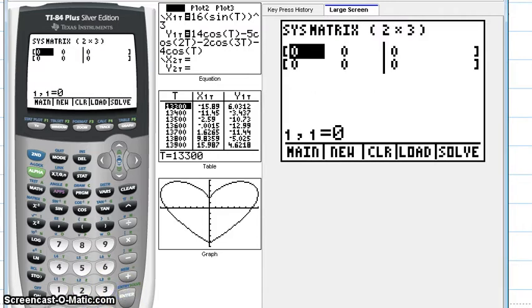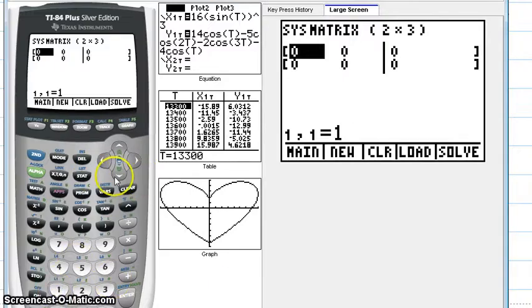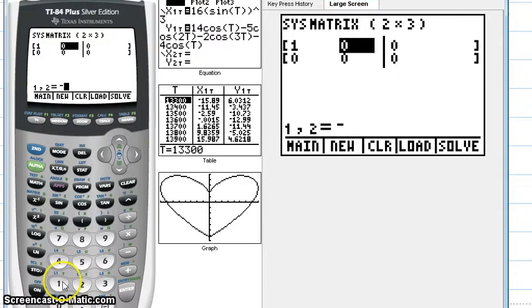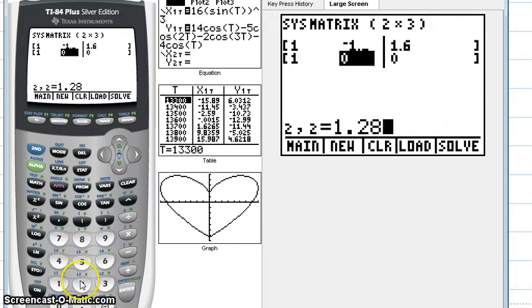And so our equation was 1 mu minus 1.645 sigma is equal to 1.6, and 1 mu plus 1.282 sigma is equal to 1.8.